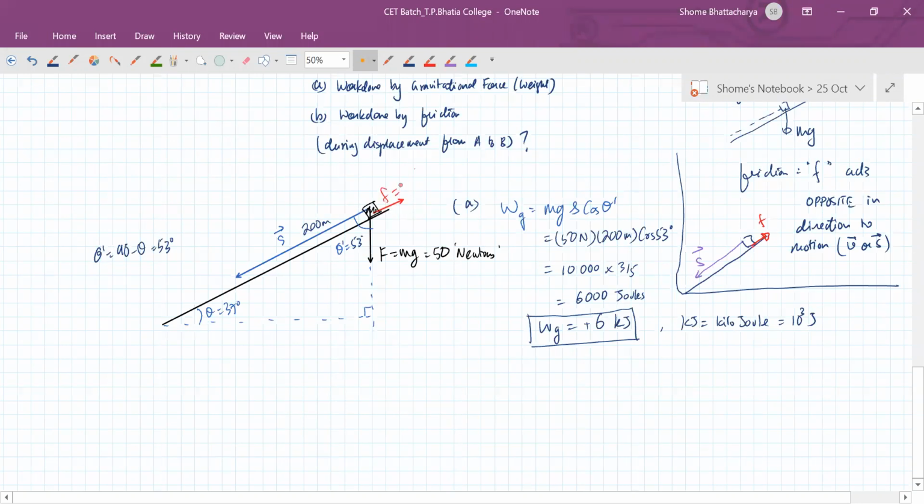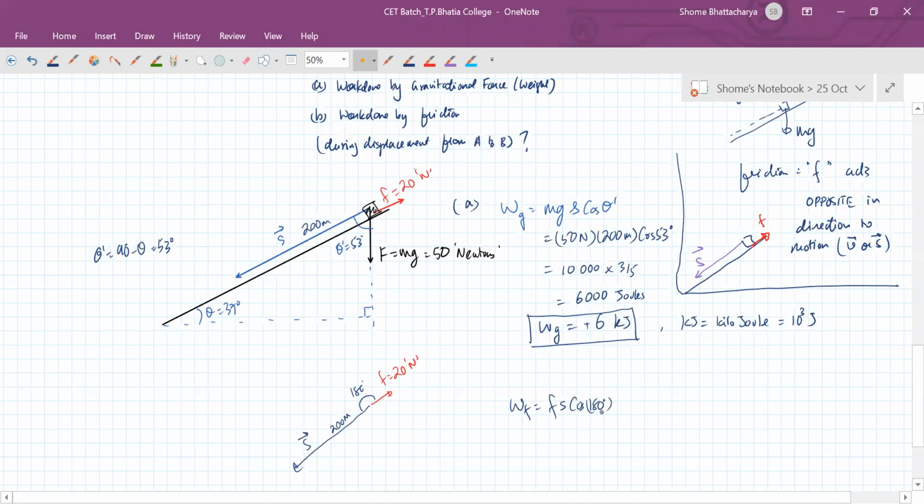And what is the magnitude of friction? 20 newtons. It's given to us in the question. So the force is like this, and the displacement is like this. So what is the angle between them? The angle is 180 degrees, no? So work done by friction will become magnitude of friction into magnitude of displacement into cos of 180 degrees.